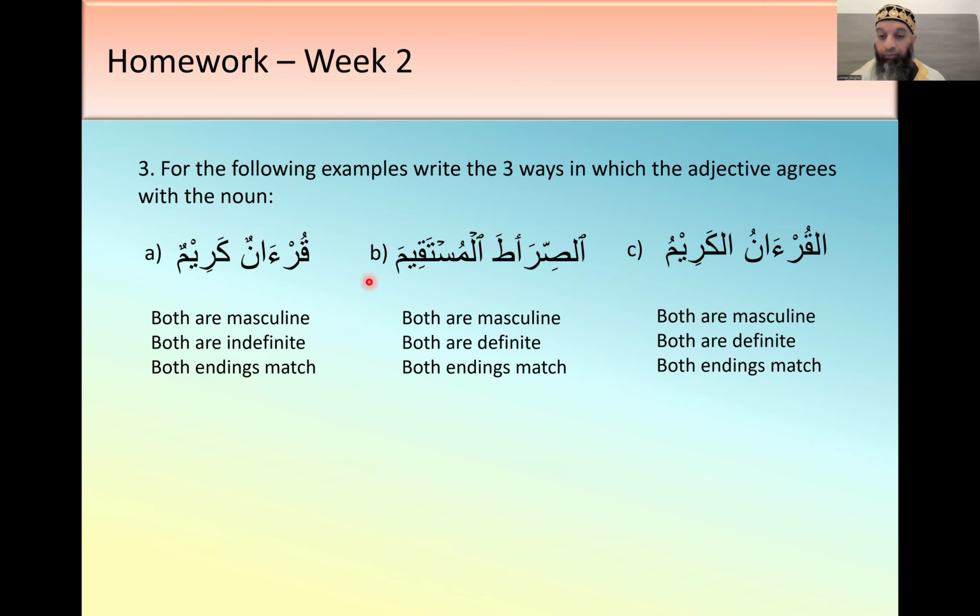And then the last one, again, they are both masculine, as in the first example. In this one, they are both definite. Al-Quran is definite, so Al-Kareem is going to be definite. And the last one, both endings are matching.